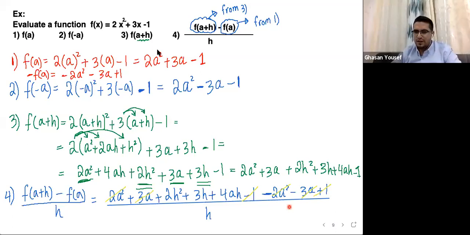Minus 1 and minus 1 do not cancel each other. Here I have negative 1 and here I have positive 1. So they cancel each other. Negative 1 and plus 1 is 0.